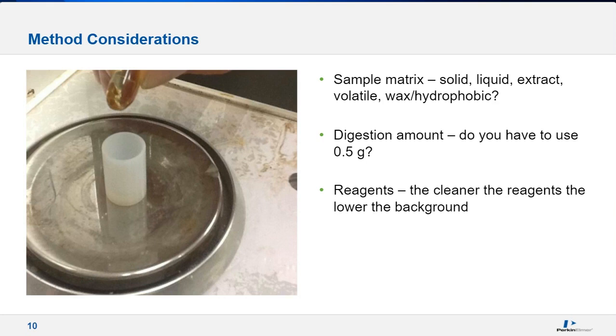Currently in some jurisdictions, a half gram is required. In New York State, for example, they are referencing 0.125 grams in their method, so you need to be considerate of that. Also, something that really needs to be considered are the reagents that are used for the preparation. The cleaner the reagents, the lower the background, the better the results usually.